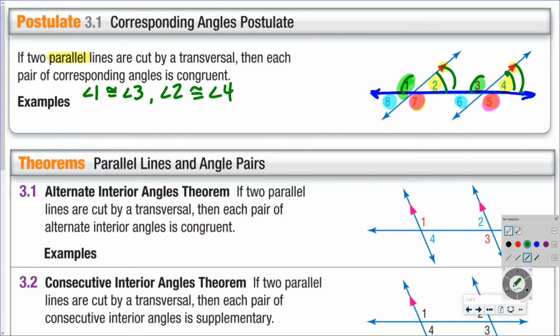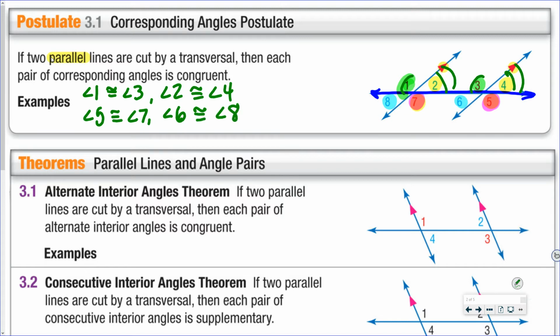Okay, here's why. However you want to mark it, you can use the congruency marks, or you can use highlighter. First of all, just look at the angles for a second. If we were to take a protractor and measure angle 1 and measure angle 3, don't they look like they form the same angle?